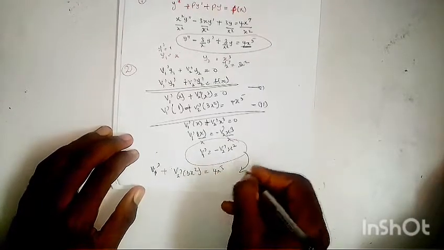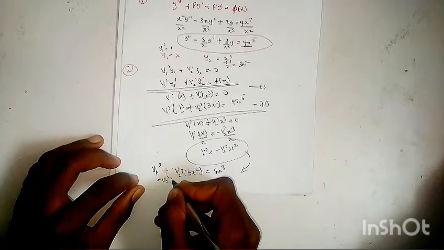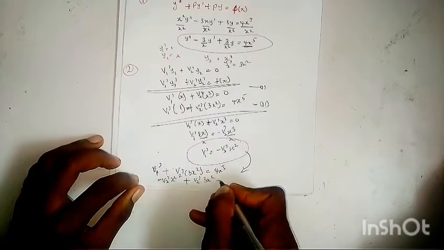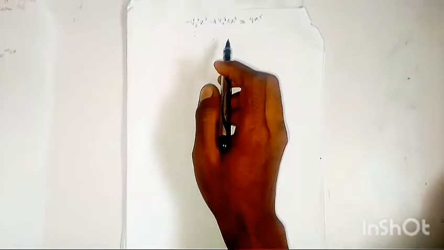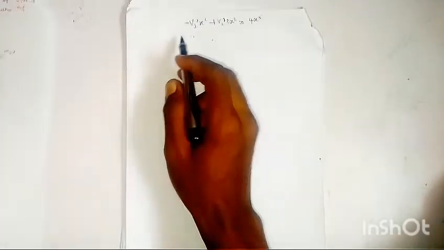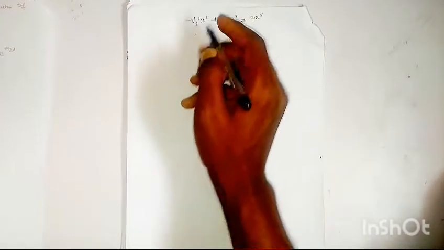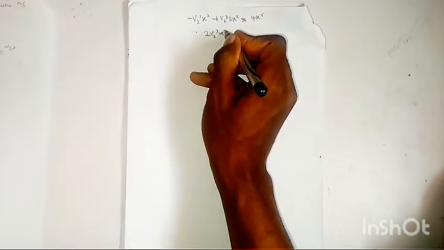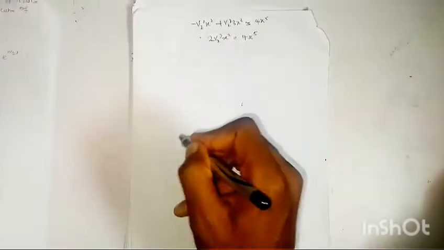So I have minus v2 prime x raised to the power 2 plus v2 prime 3x raised to the power 2 equals 4x raised to the power 5. So v2 prime 3x raised to the power 2 minus v2 prime x raised to the power 2, because these are like terms, gives me 2 v2 prime x raised to the power 2 equals 4x raised to the power 5, right?